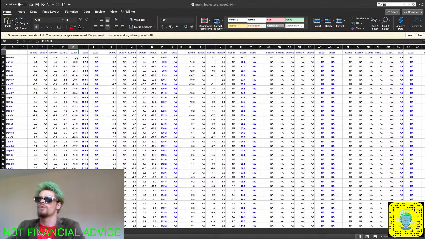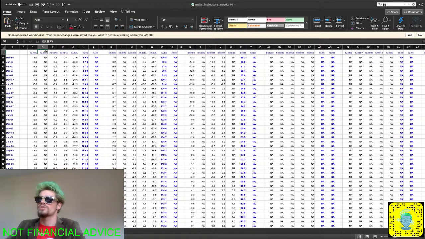BUIL is for building industries, like construction industries. RETA is for retail trade. CONS is for consumer sentiment. SERV is for services. And INDU is for industrials.